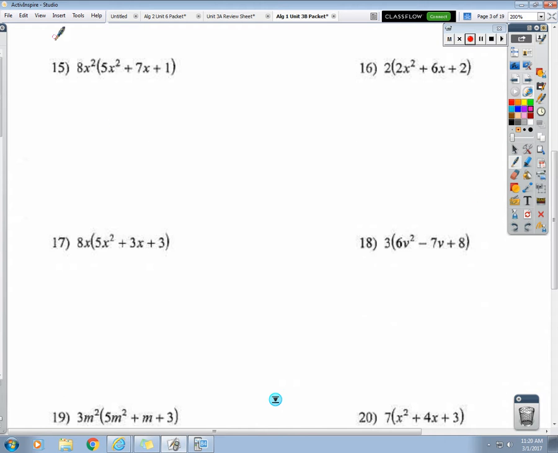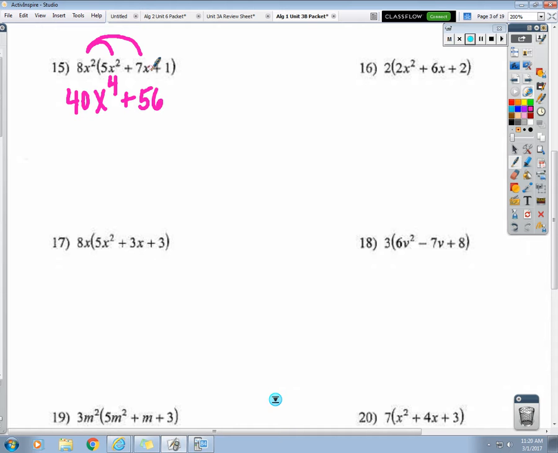First, I distribute the 8x squared times the 5x squared. Just take your time. What's 8 times 5? What's x squared times x squared? X to the fourth. Right, because you add the exponents, and 2 plus 2 is 4. Now you do 8x squared times 7x. What's 8 times 7? Positive 56.